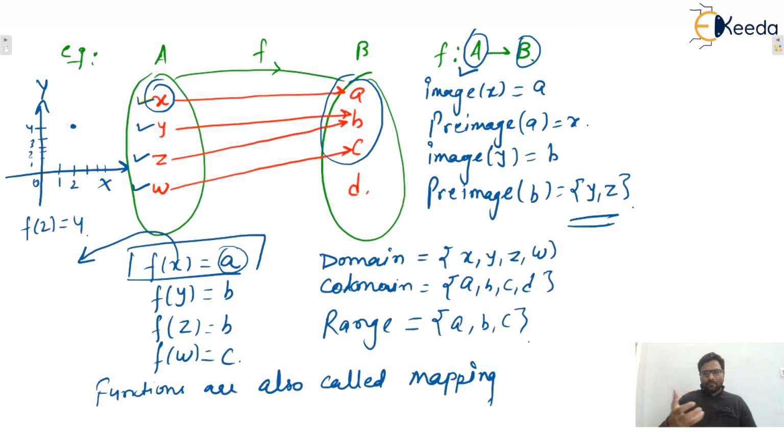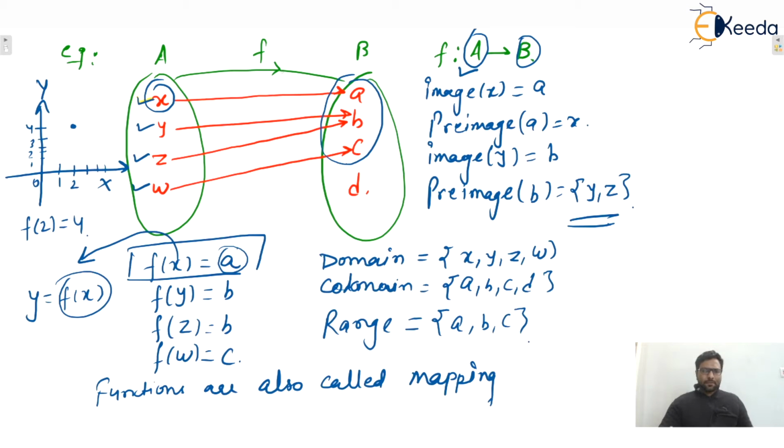Domain is represented on the x-axis and range on the y-axis. That's why it is also written as y equals f of x, because f of x is the output of the function at the input x, which is represented on the y-axis. I hope this is clear to everyone.